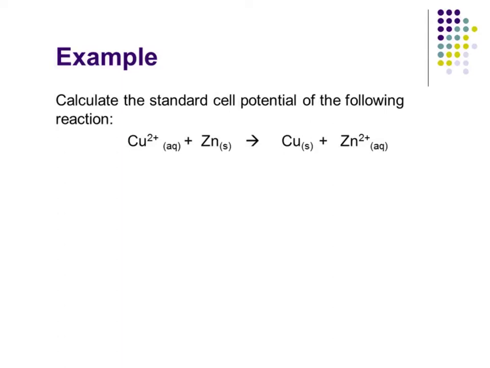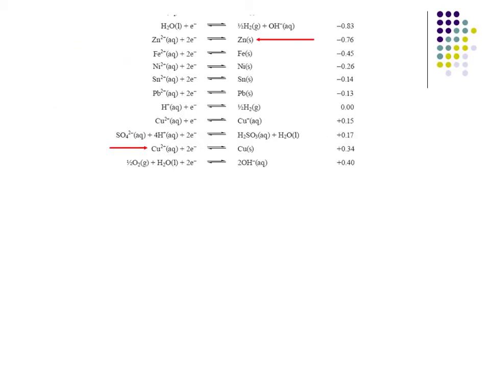Here's an example then. Calculate the standard cell potential of the following reaction, where we've got copper 2 plus and zinc solid reacting to give copper solid plus zinc 2 plus. First thing we want to do is locate these within our data table, figure out which one is our oxidizing agent, which one's our reducing agent.